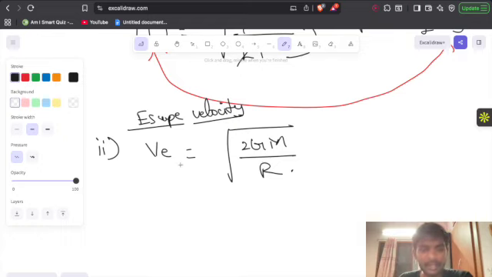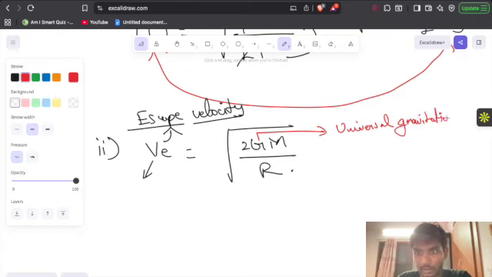Just consider only the physical quantities that are involved. So this is escape velocity. G is the universal gravitational constant. I've also derived the dimension of capital G in my previous video. Please do have a look at that. M is mass, R is radius. Okay.